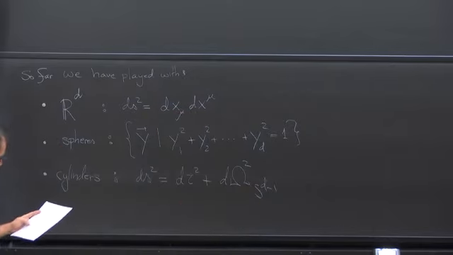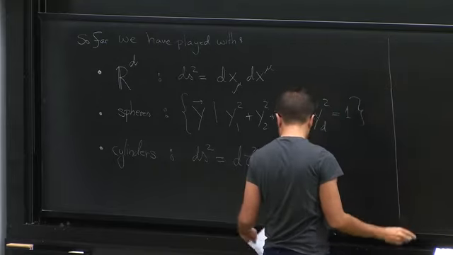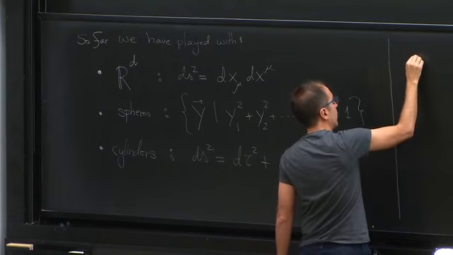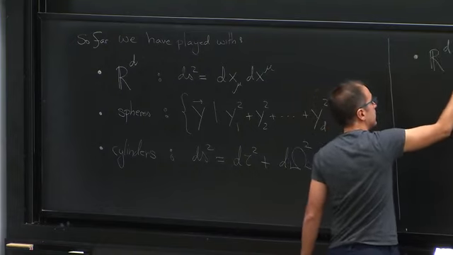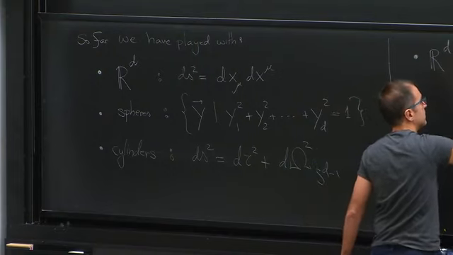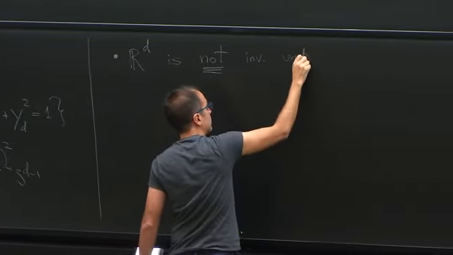So I would like to make a few simple comments about these spacetimes before moving on. First of all, let me emphasize what we already did, that R^D is not invariant under conformal transformation.